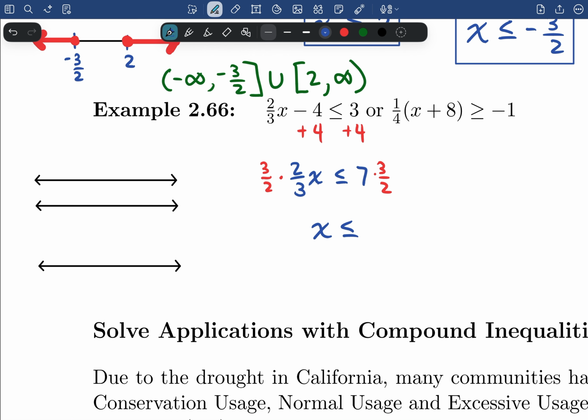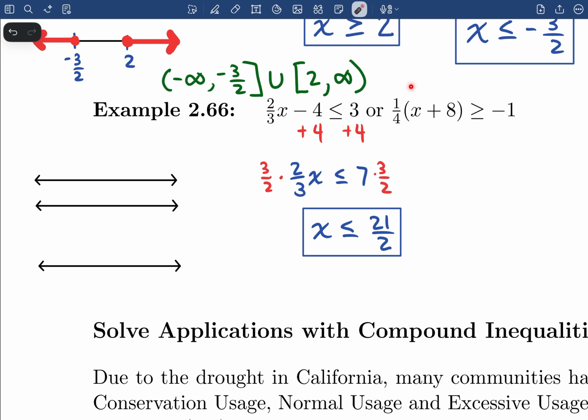And that's less than or equal to, well, 7 times 3 is 21/2. So I have 21/2. It's good to write it like this. You could also write it as 10.5. It doesn't matter. If it helps you know where that 21/2 is on the number line to write it as a decimal, go ahead and do it that way.